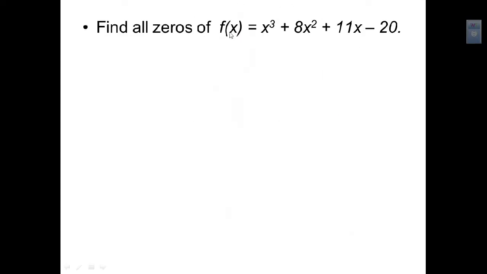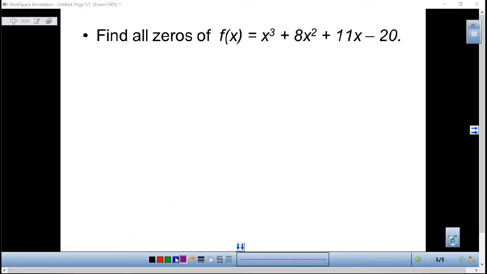All right, so let's find all the zeros of x cubed plus 8x squared plus 11x minus 20. So first things first, let's list all the possible rational zeros. When we do that, we're going to take all the factors of 20.